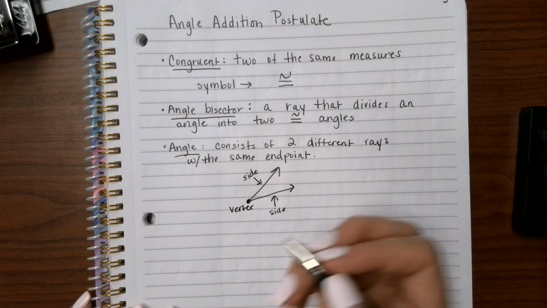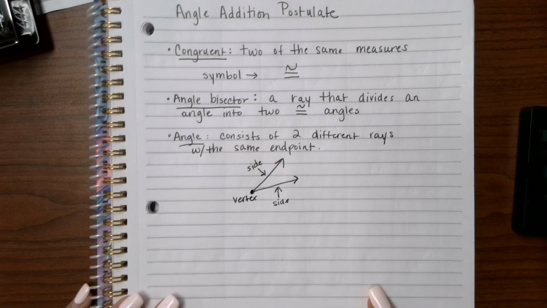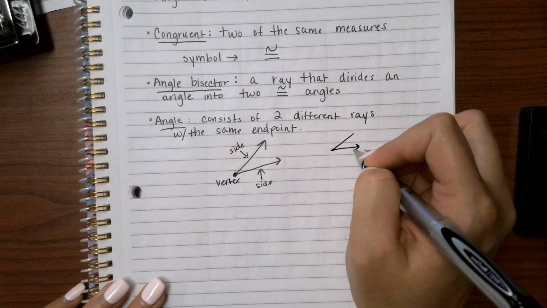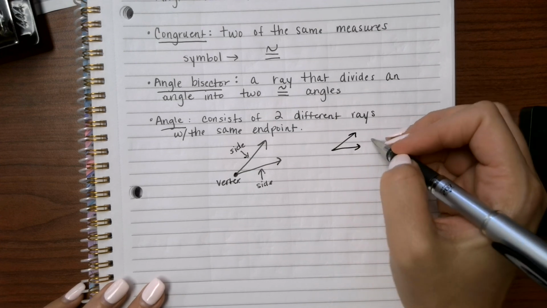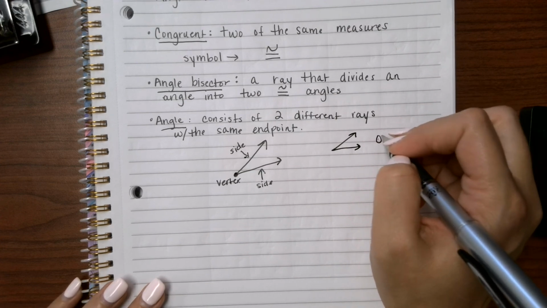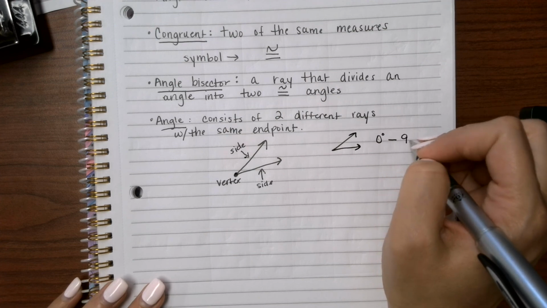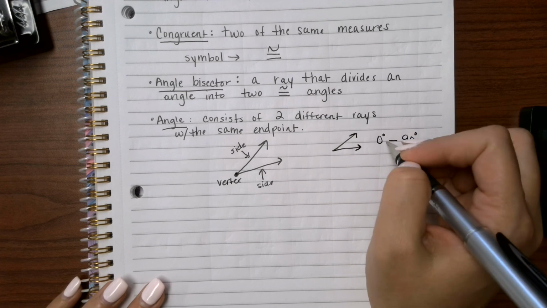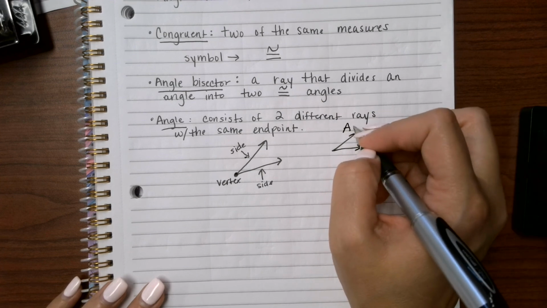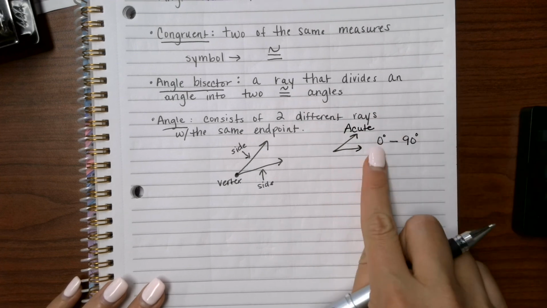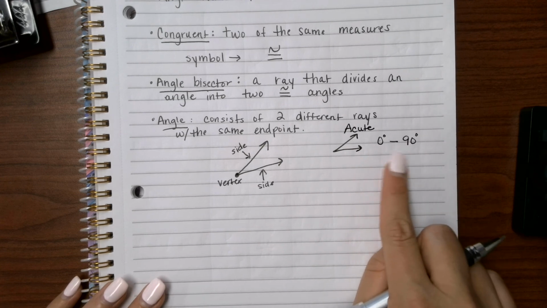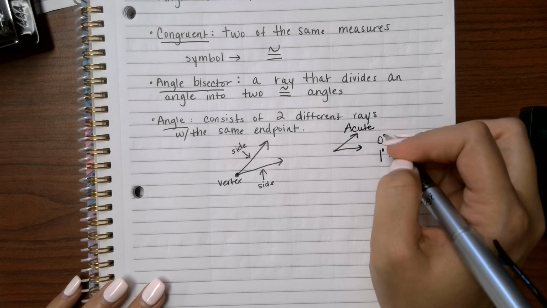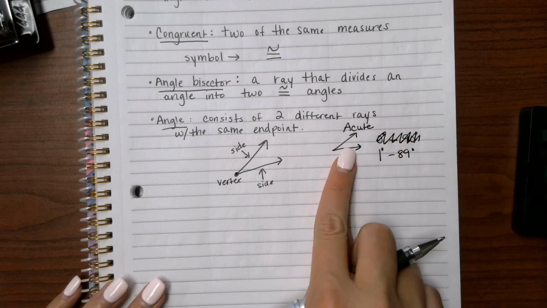Alright, so to talk about the different angle types, first off, if it is an angle from 0 degrees to 90 degrees, it's got to be in between those. It is an acute. It cannot be 0, it cannot be 90, but if it's in between, if it's from 1 to 89, those are acute.